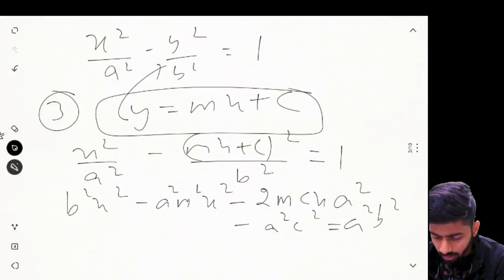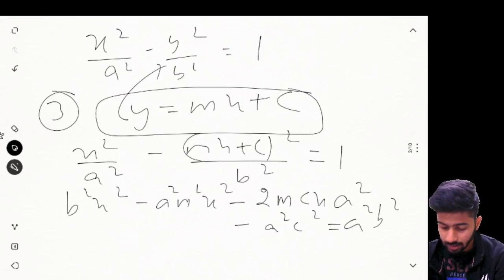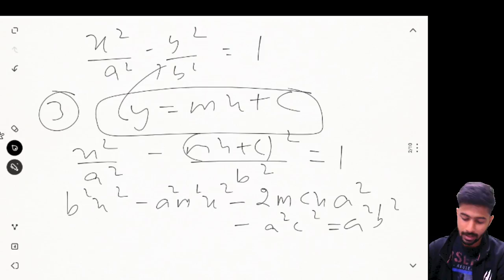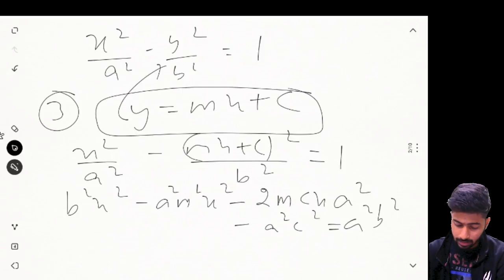So what did I do? I just cross multiplied by a square b square, and then finally I took a square b square that side. It's nothing complicated, pretty simple. So this is what we have, 2mcx into a square minus a square c square. So collecting the coefficients of x square first, I have b square minus a square m square.